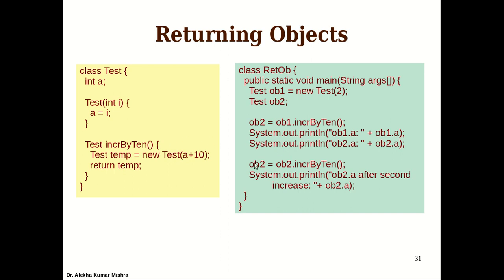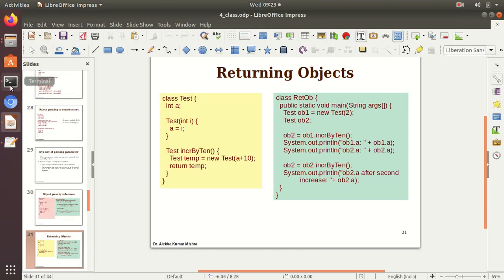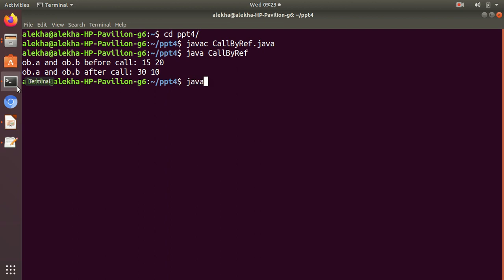Now OB2 is assigned the reference of the new temp object, whose value is equal to 22. So when you print here, you will get the value 22. Let me run and show the output. Okay, so Java return object.